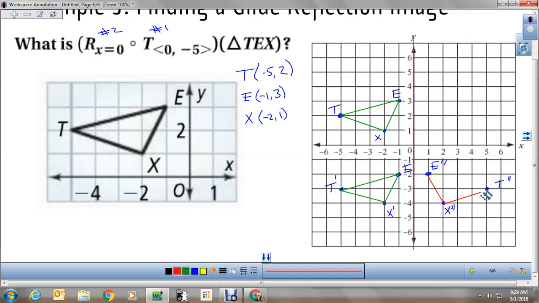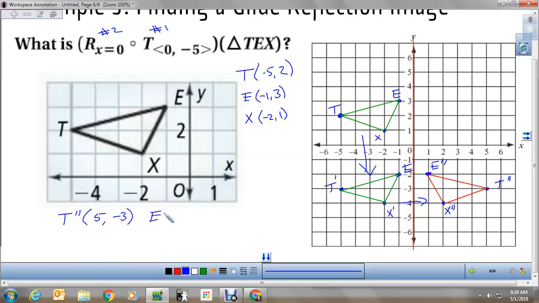We'll do it in red this time so we can see it a little differently. We started here, slid down, and then reflected across the y-axis. If they ask you to name the points, then of course you name them: T double prime is at positive 5 and negative 3.